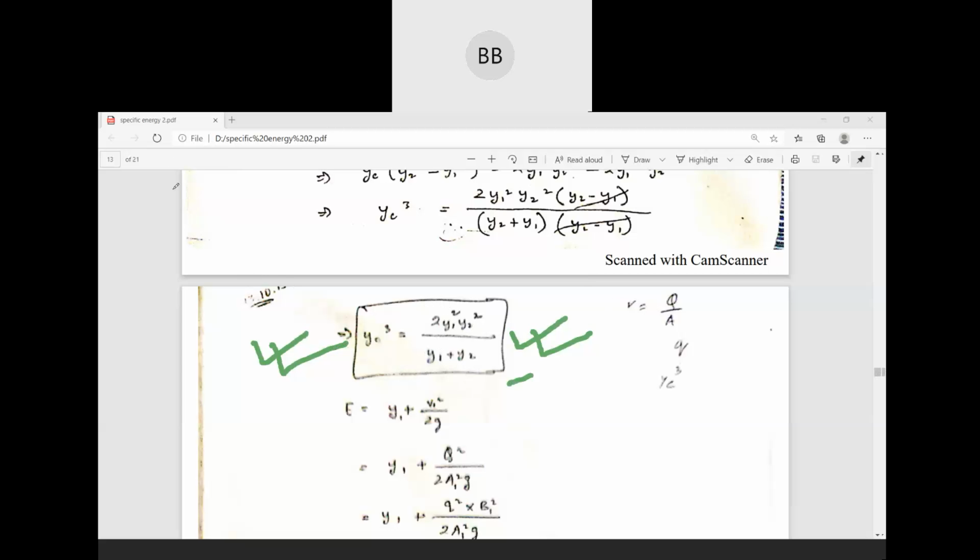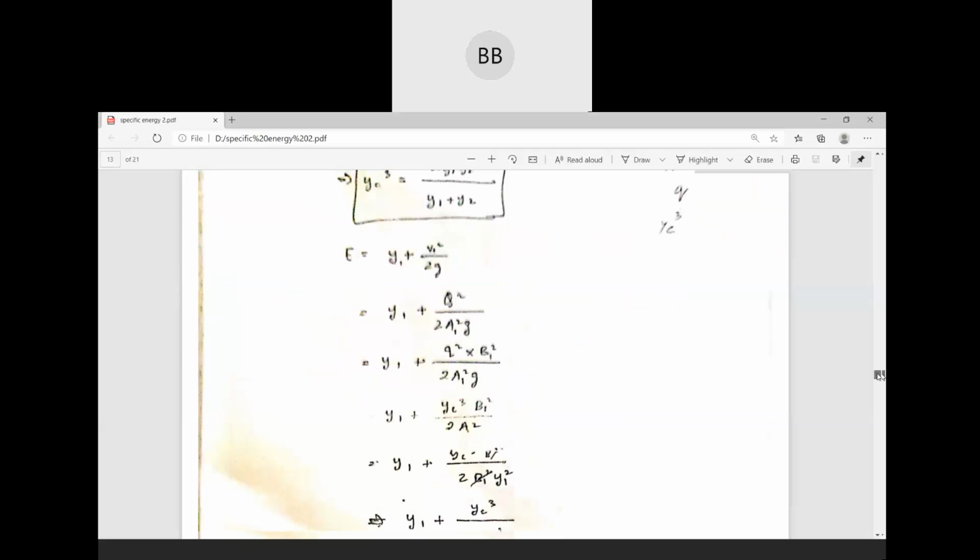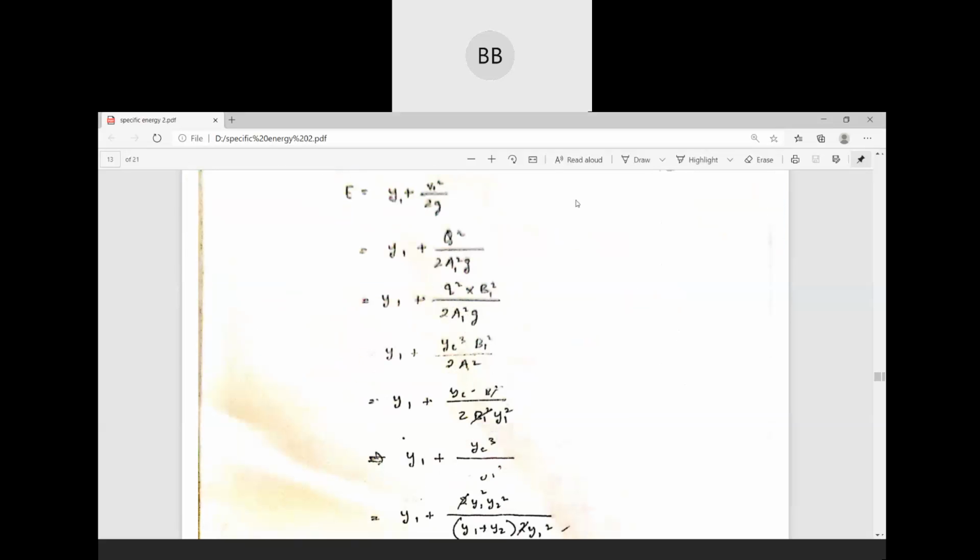Then we have another part, that we have to find an expression for specific energy also. So we are going to take the specific energy equation, y1 plus v1 square by twice g. Again that v we are replacing by q by a, similarly to what we did in the previous case.